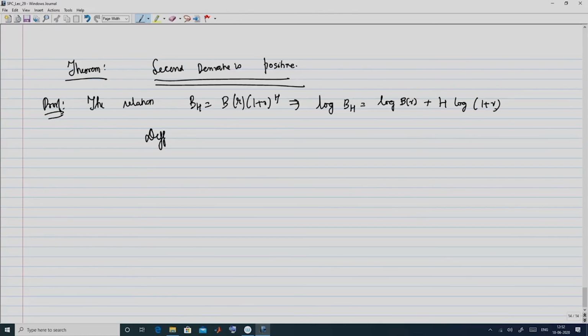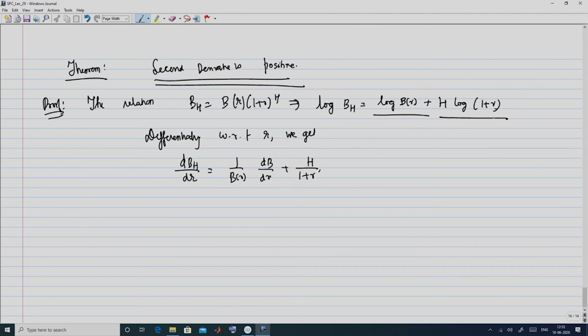So, then differentiating with respect to r, we get d ln BH over dr is equal to 1 over B(r) into dB/dr plus h over (1 plus r). So, this is the derivative of these two expressions.